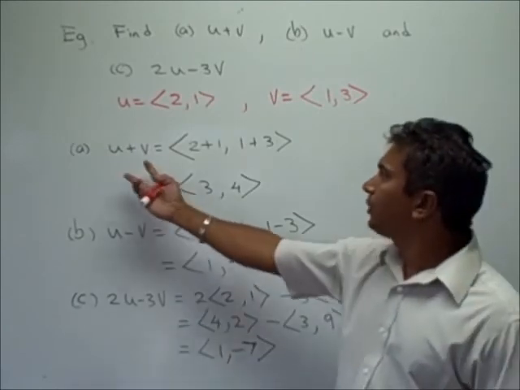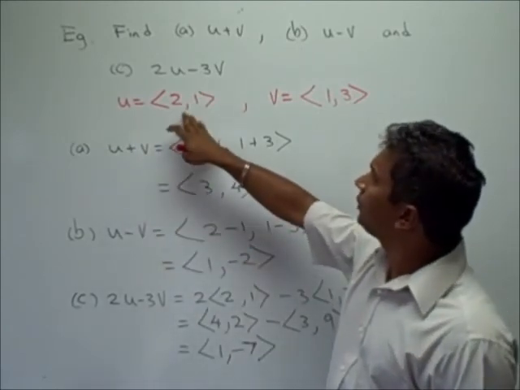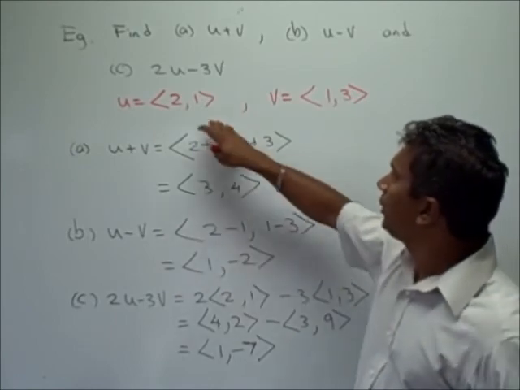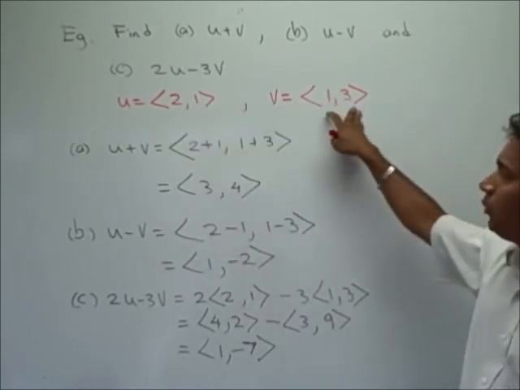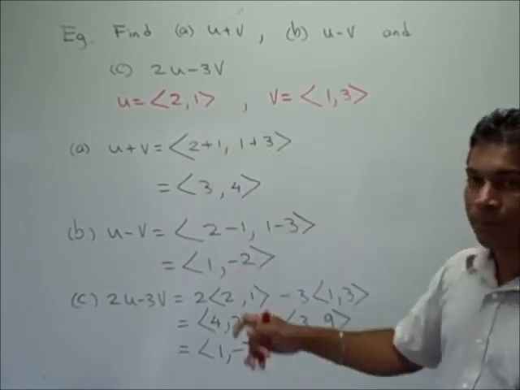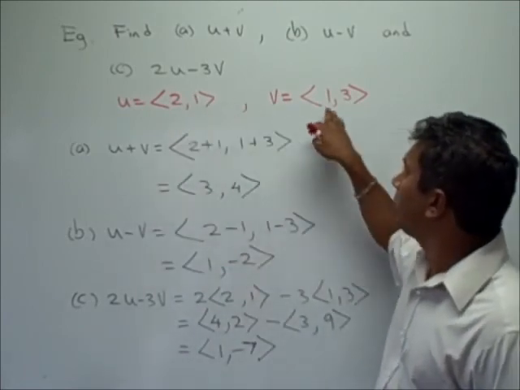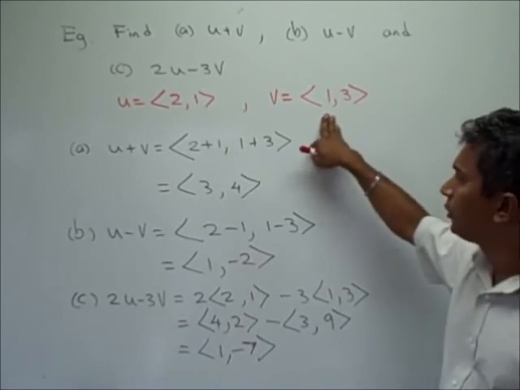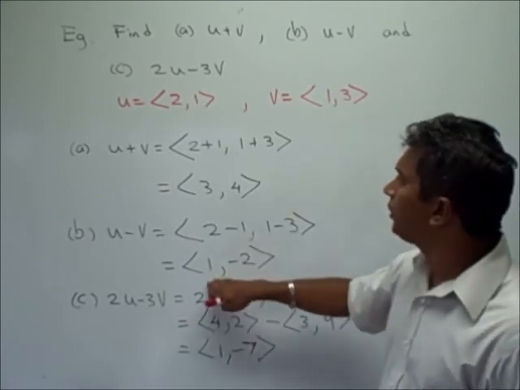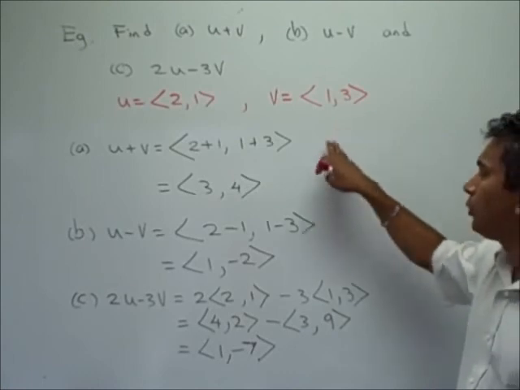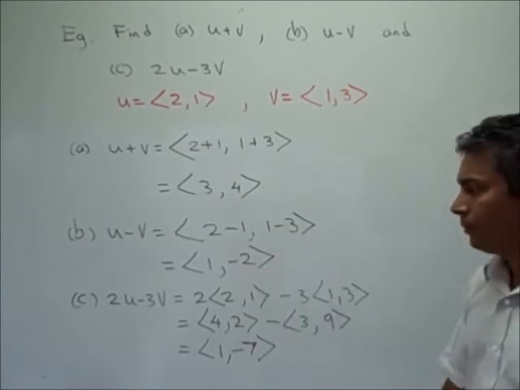First we're finding u plus v, so that becomes u1 plus v1, which is 3, and u2 plus v2, which is 4. To find u minus v, it will be u1 minus v1, so it's 2 minus 1, which is 1, and u2 minus v2, which would be 1 minus 3, which is negative 2.